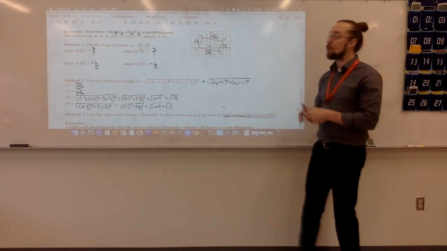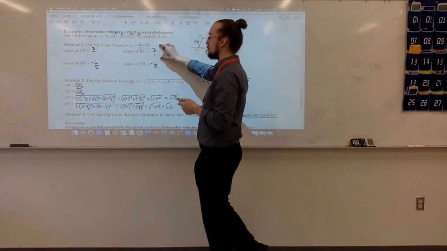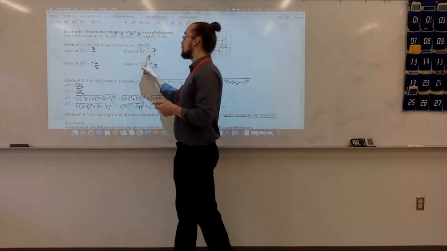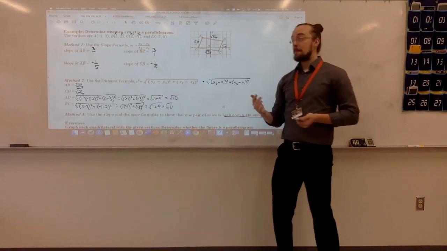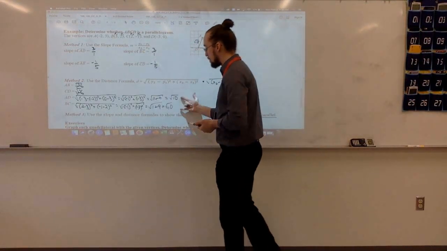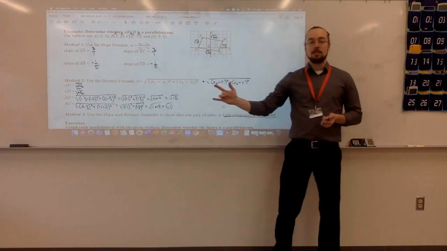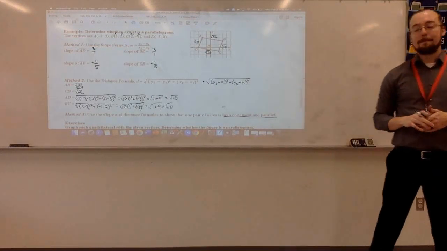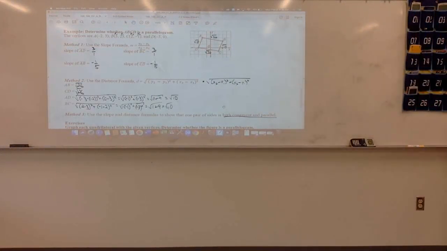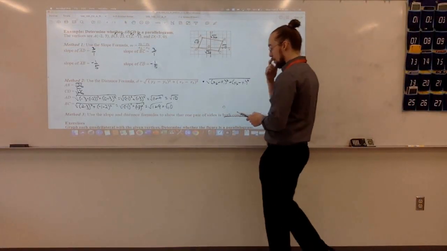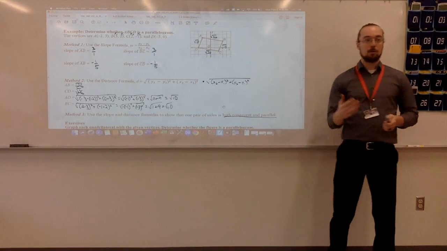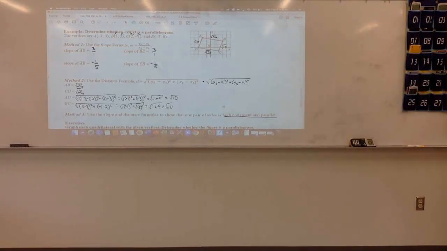So if I picked out one pair of sides, and I found the slopes, said, well, that pair of sides is parallel. And then I took that same pair of sides and found the length. That would be a third method to prove that the figure is a parallelogram. If one pair of sides is both congruent and parallel, both has the same length and is parallel. Okay? Questions?